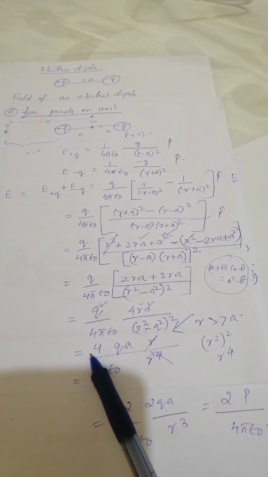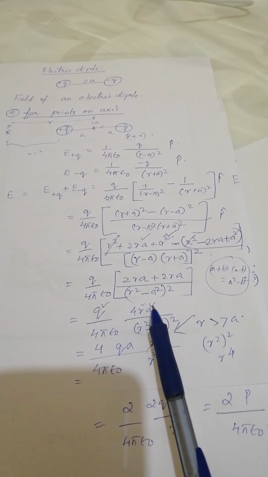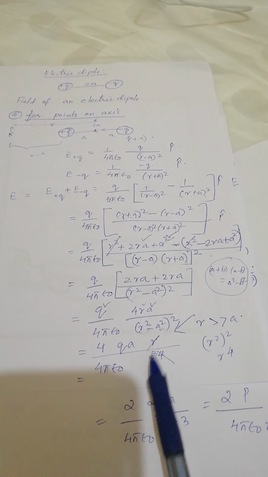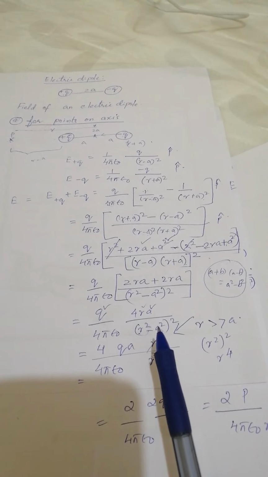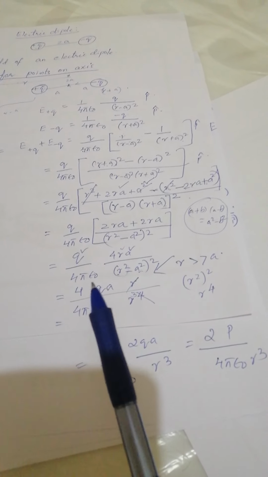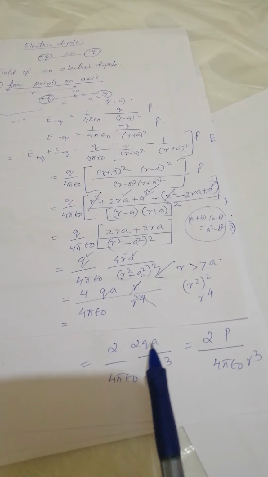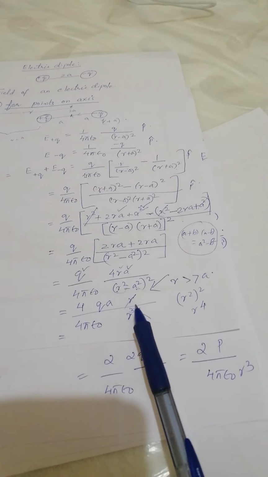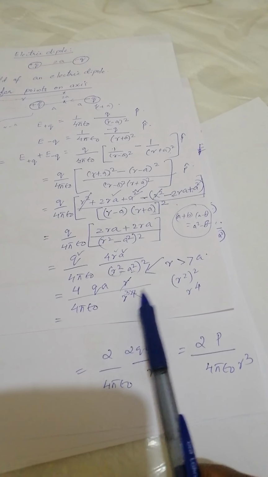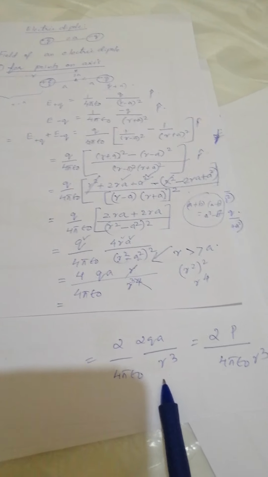So the equation changes to 4qar divided by 4 pi epsilon 0 r raised to 4, because the second term gets cancelled in this condition. In the upper term there is one r, and in the lower term r raised to 4, so one r cancels and it becomes r cube.